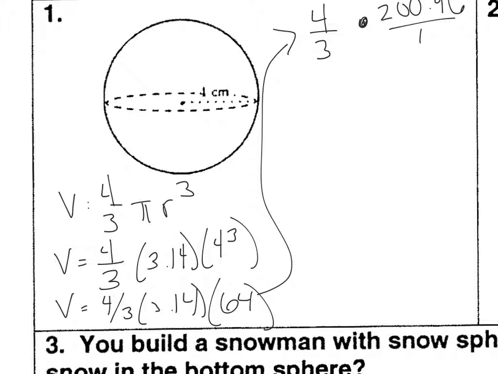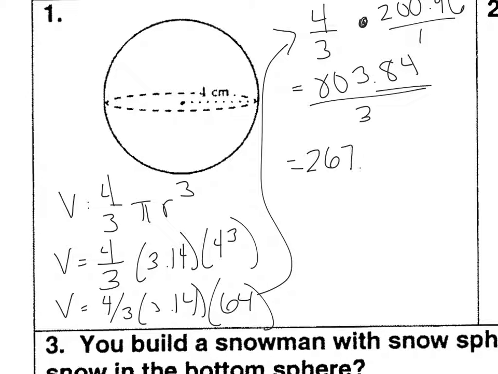I'm going to multiply across. 4 times 200.96 is going to give me 803.84, and 3 times 1 is 3. Now when I simplify that, I'm going to get 267.946. I'm going to go ahead and round up to 2 decimal places, so my volume is equal to 267.95 centimeters cubed. Let's look at another example.